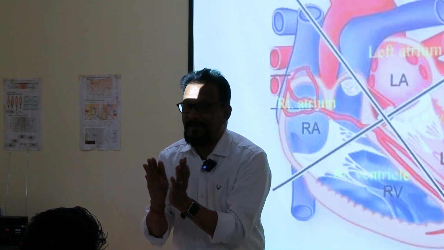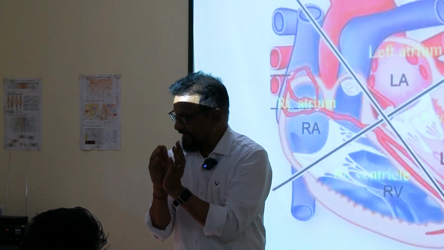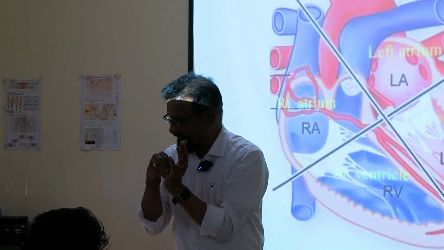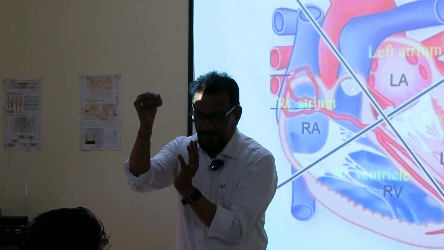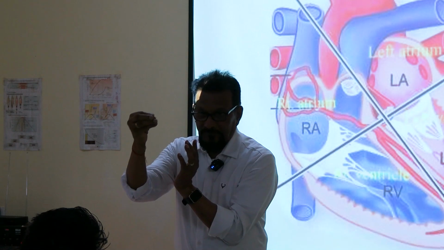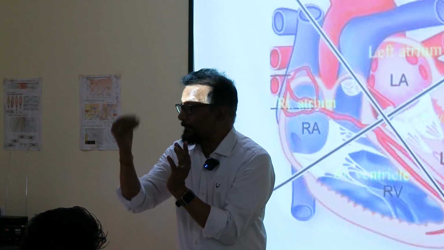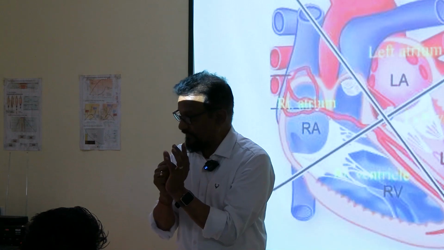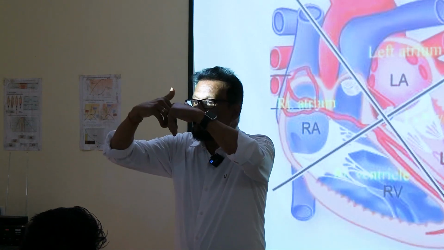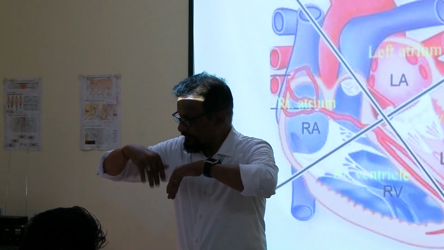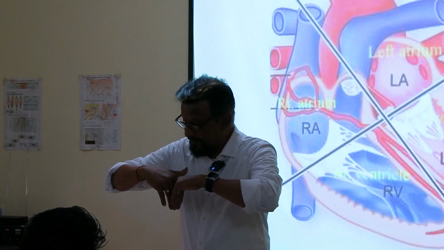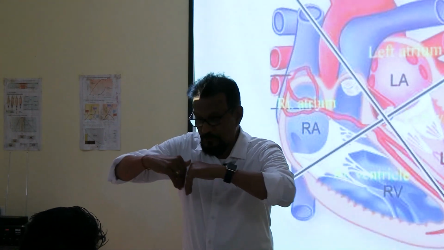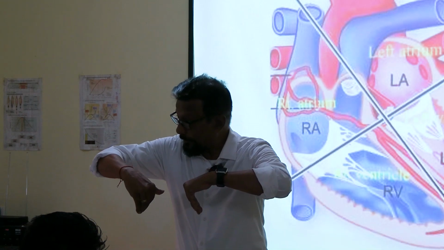Now the ventricle starts expanding, so there will be a negative pressure, less than the pressure of the blood in the atrium. Because of this sudden pressure difference, the blood will start entering the ventricle and the valves will go away, pushed by the downward pressure.